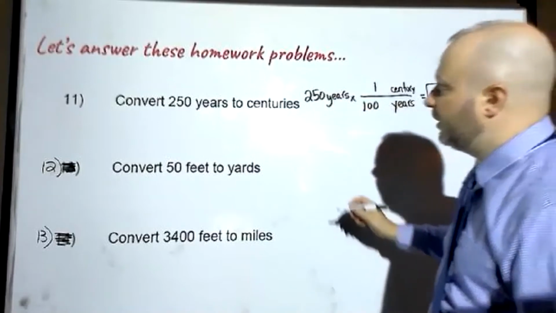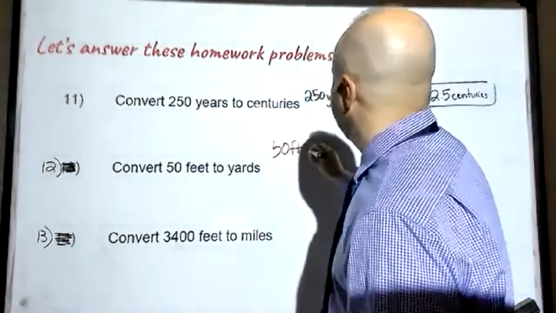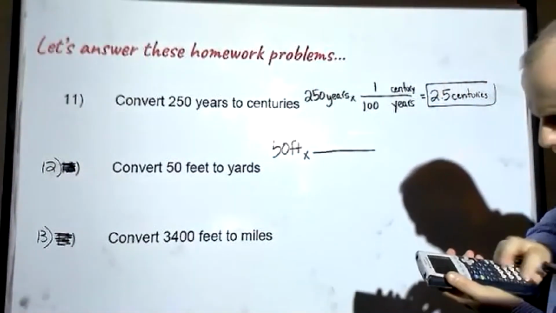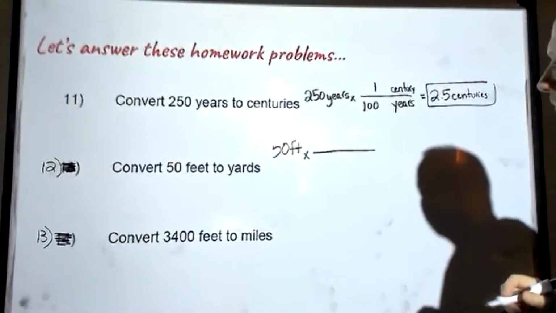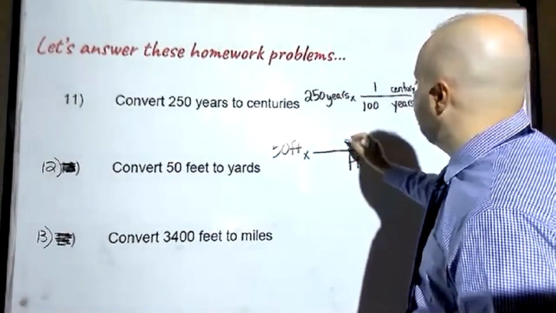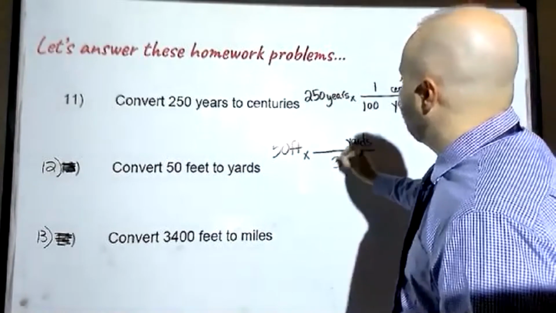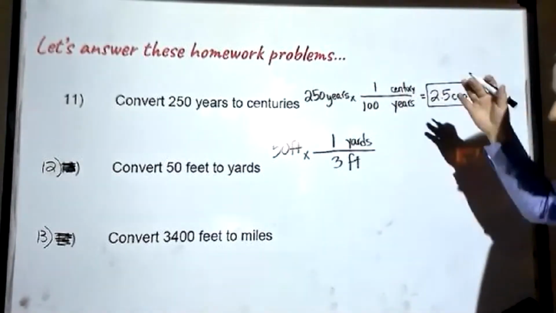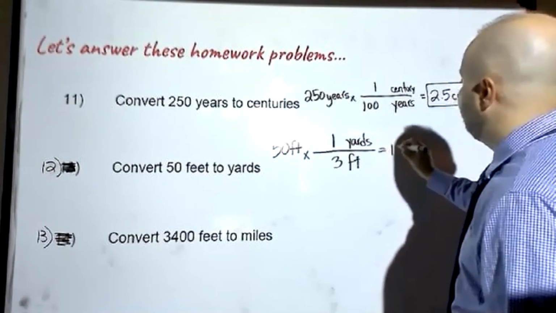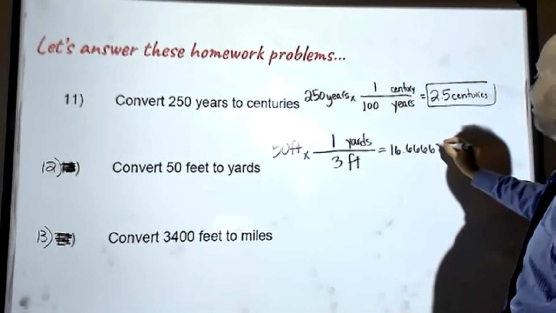Question number 12, we have 50 feet. We're going to convert 50 feet into yards. So we want feet to go on the bottom. We want yards to go on top. There are 3 feet in every 1 yard. It says that on an earlier problem. So when we do the math here, we get 16.6666 repeating.